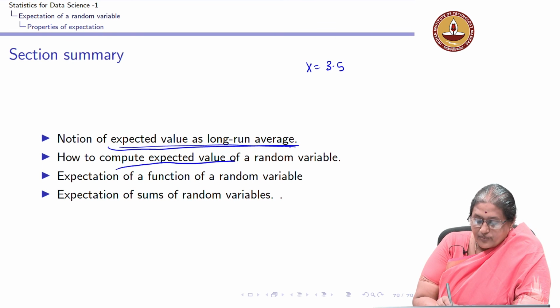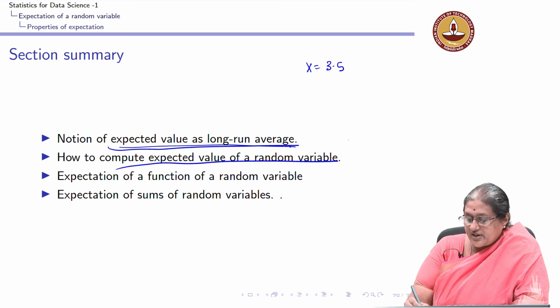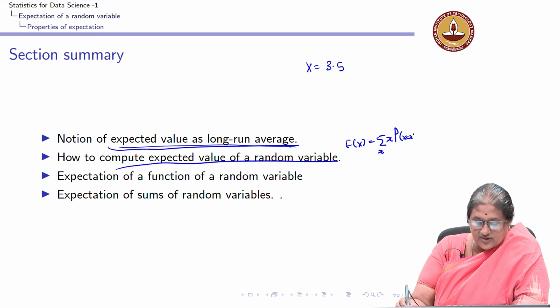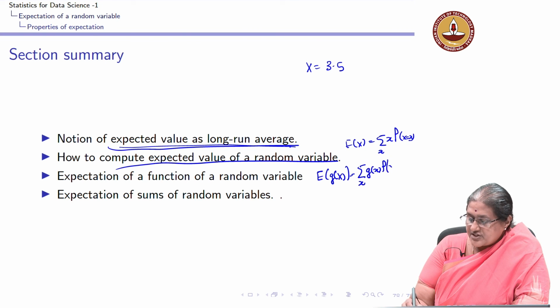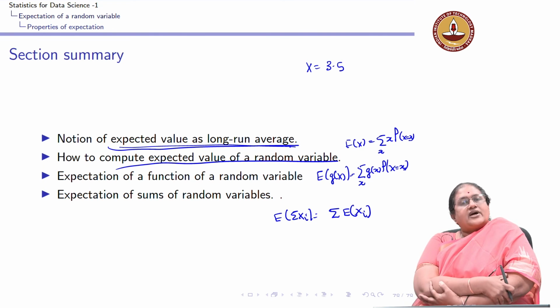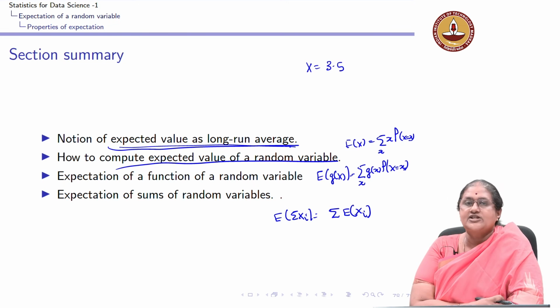The formula to compute the expectation of a random variable is summation over all values of x, x into probability x equal to x. The expectation of a function of a random variable is summation over values of x, g of x into the probability mass function. And the expectation of the sum is the same as the sum of expectations. And we looked at how to apply these concepts.